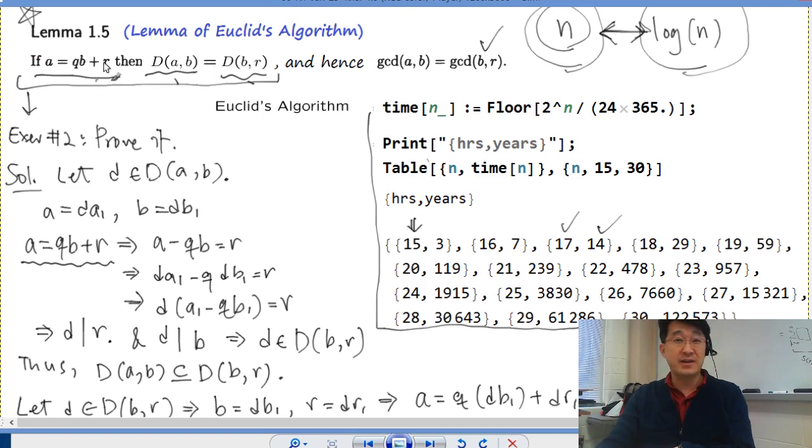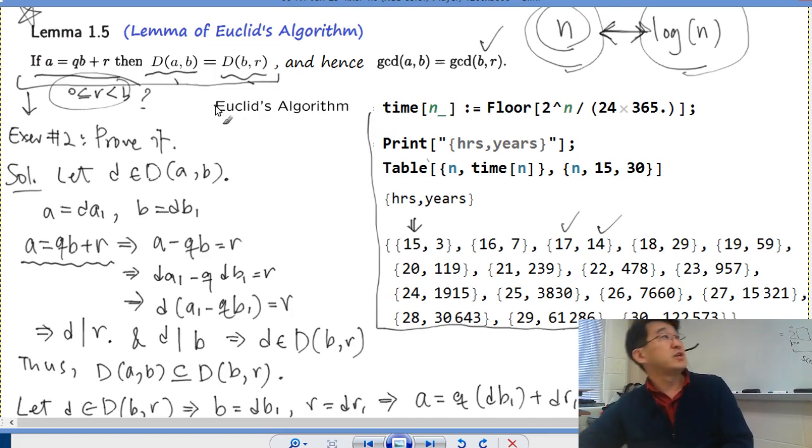It didn't put that condition in there, but it allows it to be that, and then you can use a smaller size. Then do you see that you can repeat that again? B is bigger than R. Divide B by R again, knock down again, knock down again, and that was the algorithm.